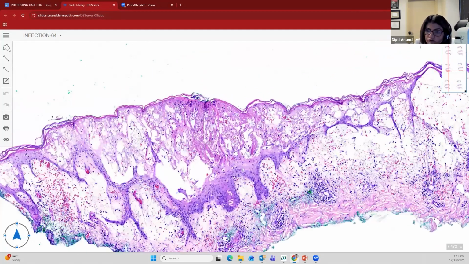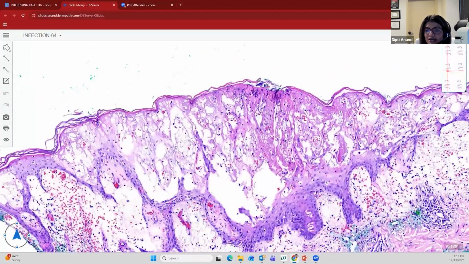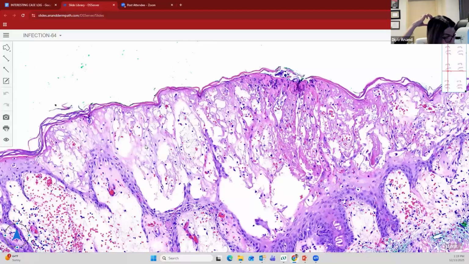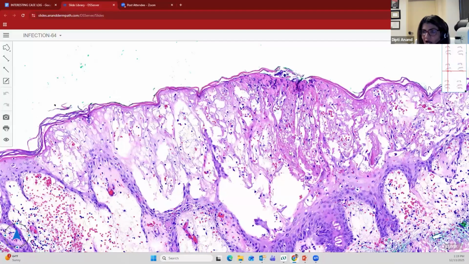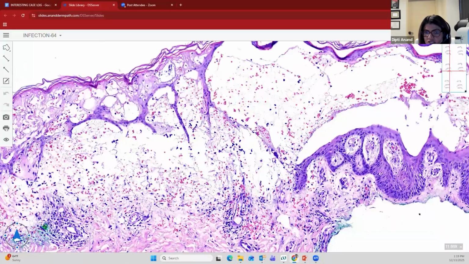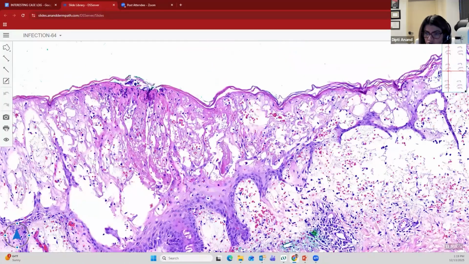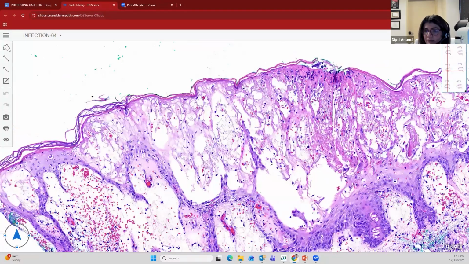So a lot of fluid, a lot of dermal edema, a lot of fluid inside the cells and in between the cells, they will swell up and blow up like a balloon. And you can see this kind of reticular lacy outline, which is left behind. So this is the pattern of ballooning reticular degeneration in your ORF, ecthyma contagiosum, bovine papular stomatitis, or monkeypox. So you have to look for the second order question that they are asking you.